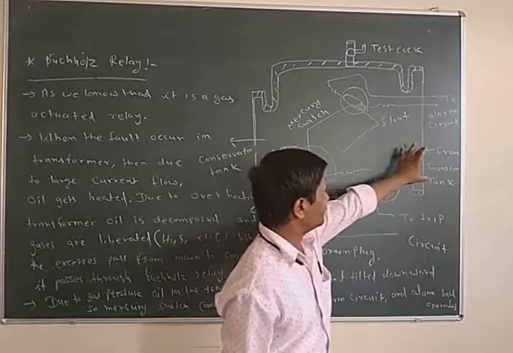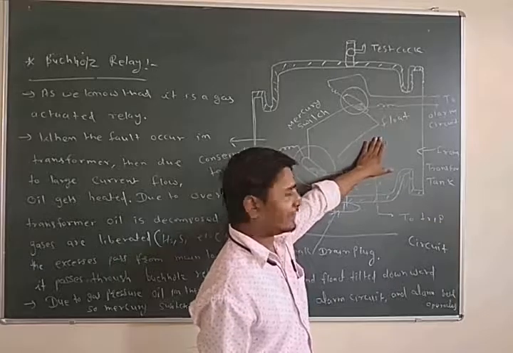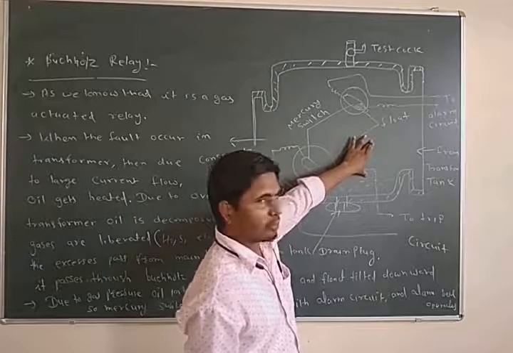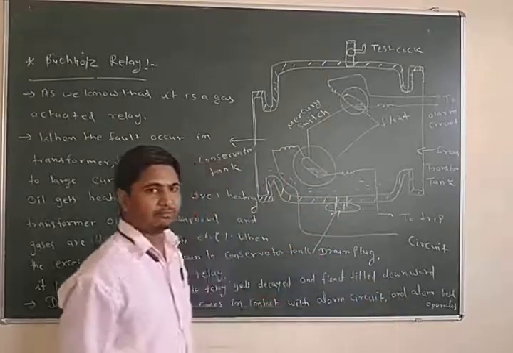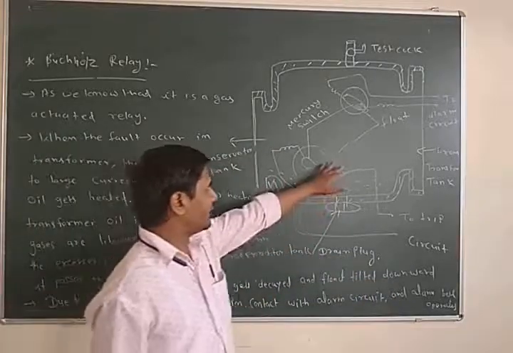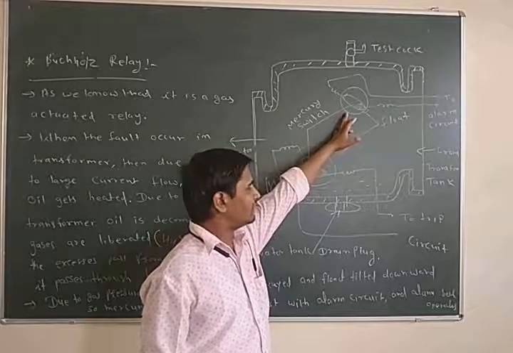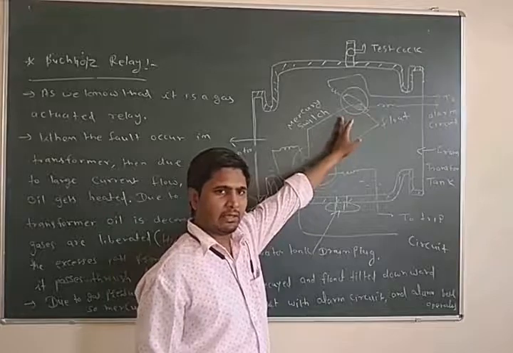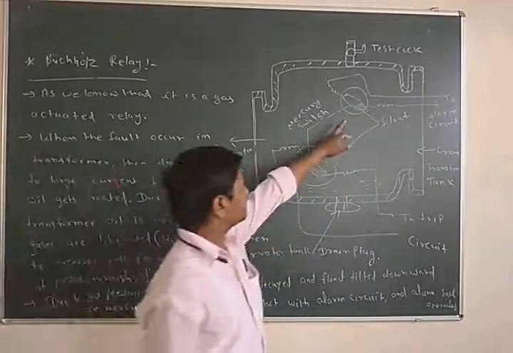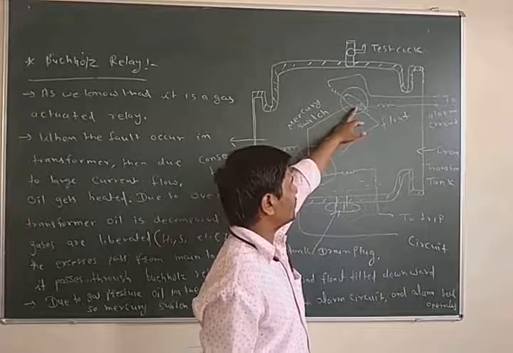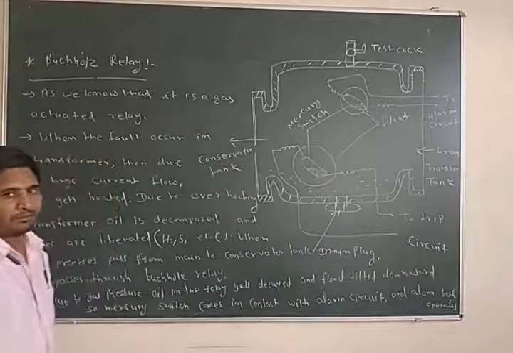When the oil level decays, the float placed in this oil is tilted towards the mercury switch, and due to tilting of this float, the mercury switch contacts are closed and the alarm circuit is operated.